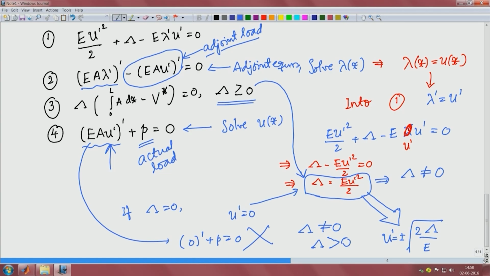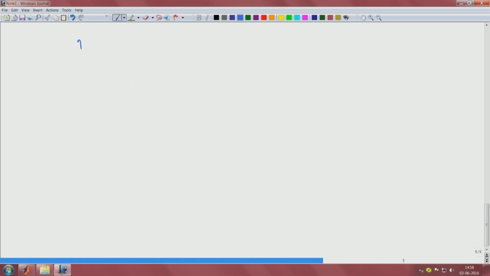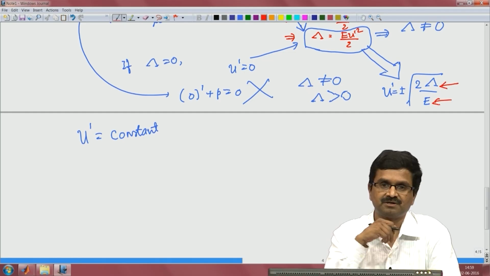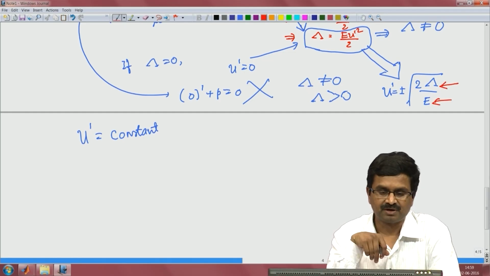In any case, what we have arrived at is that u prime is equal to constant, because it depends on lambda, which is constant, E which is a constant, and 2 which is a constant.